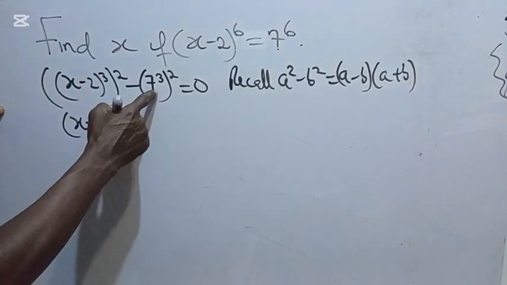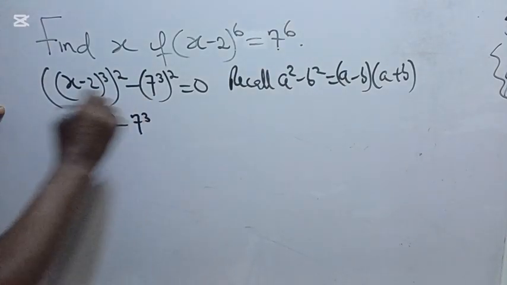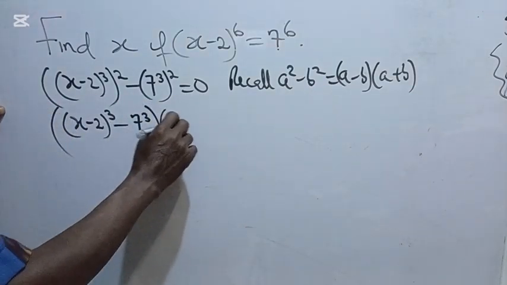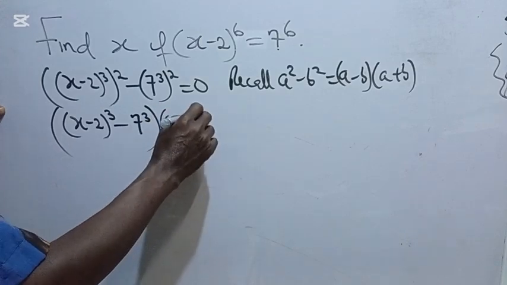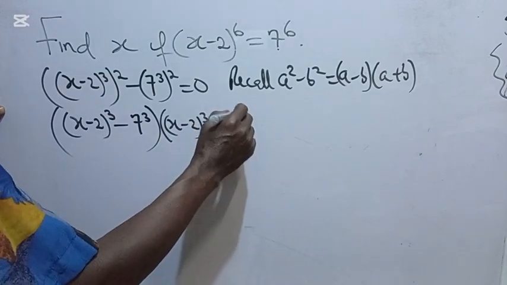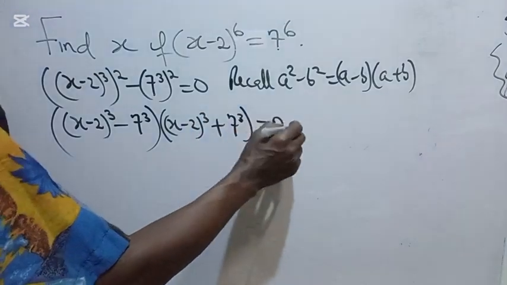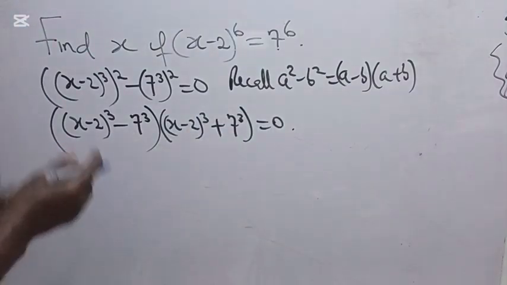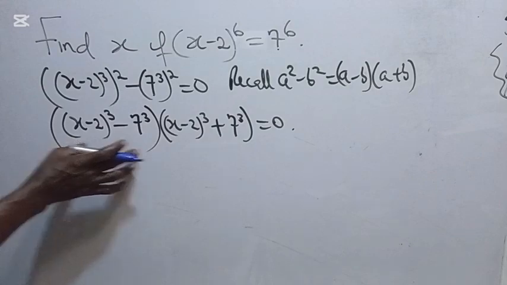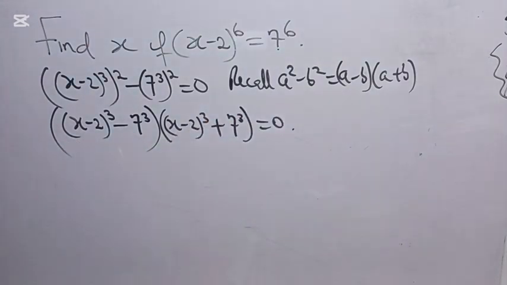Then minus our B, which is 7 raised to power 3, all into brackets (x minus 2) raised to power 3 plus our b, 7 raised to power 3, is equal to 0. Good. Now let's take them one by one. That means we're going to have 2 values, for this and this to be equal to 0.